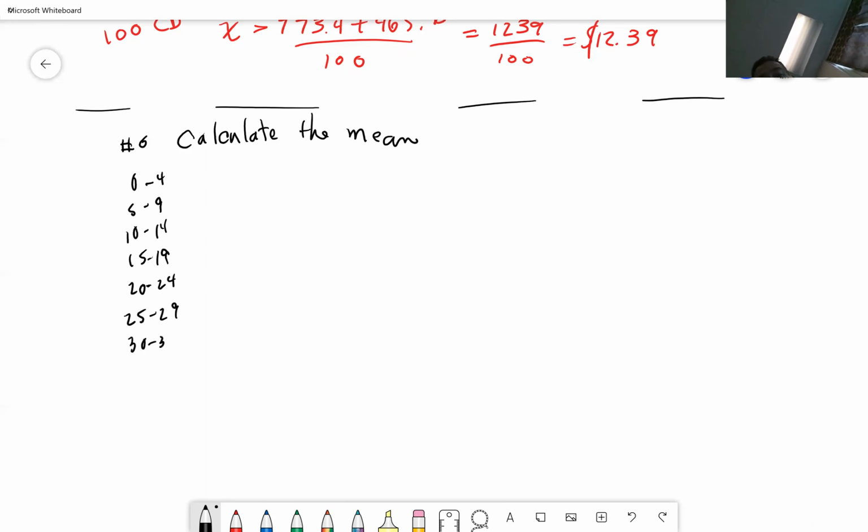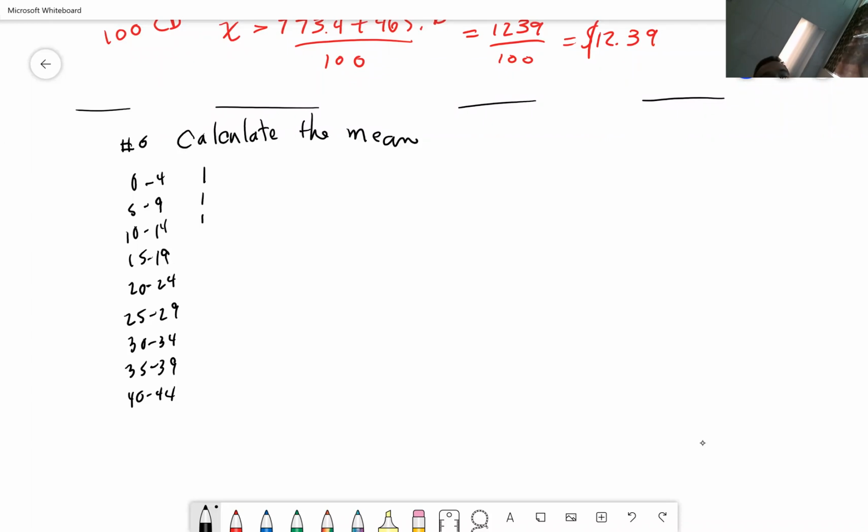And then we have the frequencies: 1, 1, 6, 17, 16, 4, 2, 2.